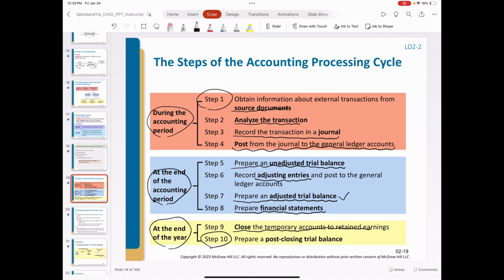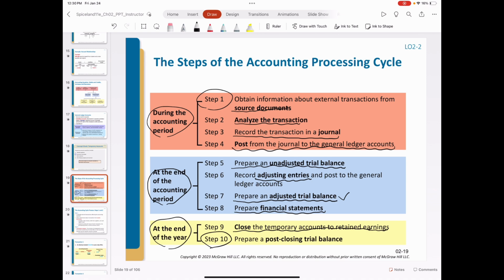I will introduce both permanent and temporary accounts later. To close these temporary accounts means their balance changes to 0. Their balance is transferred to retained earnings. After we close all the temporary accounts, we only have permanent accounts left in the general ledger.